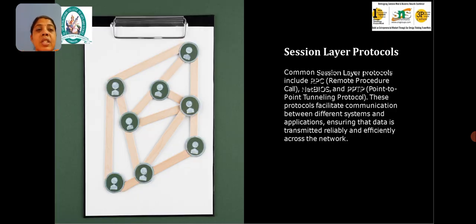Next, the session layer protocols. Common protocols used here are RPC protocols, which play an important role in the network. Remote procedure call means the client first sends a request to the server. After getting an acknowledgement, again it will transmit the information.